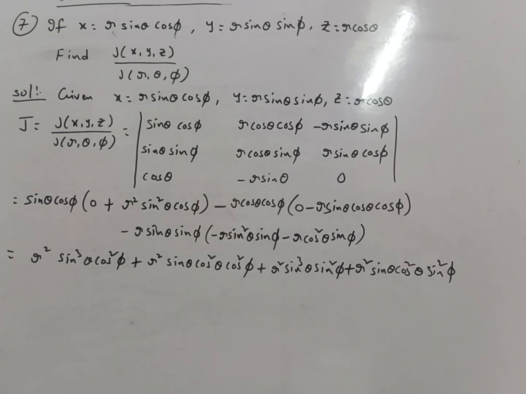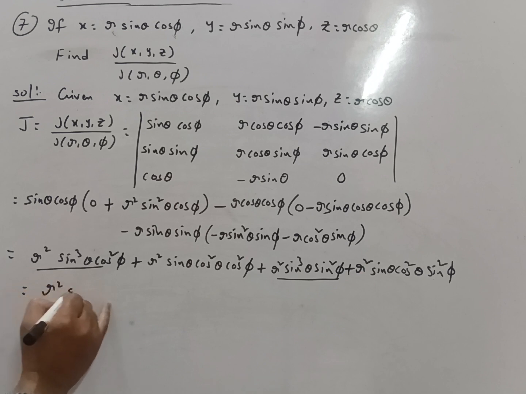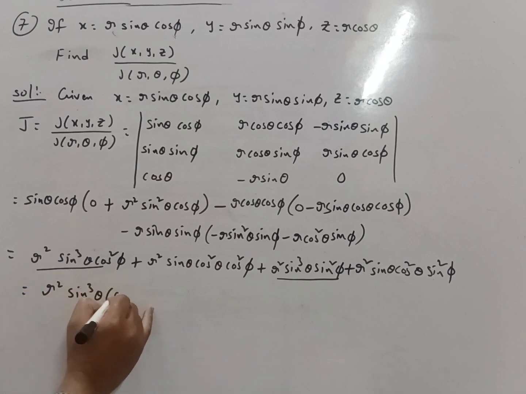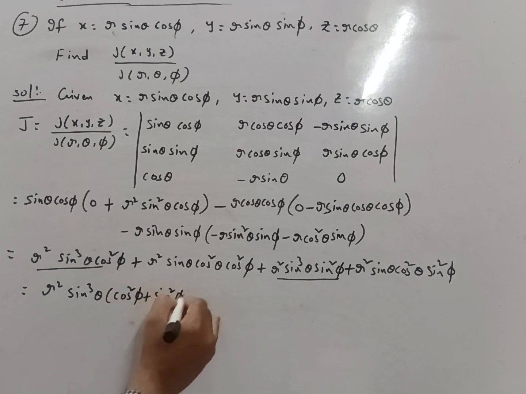Okay. See any common, ma? So we can take common here and here. From here and from here, we can take common r square sine cube theta. I get cos square phi plus sine square phi, right?